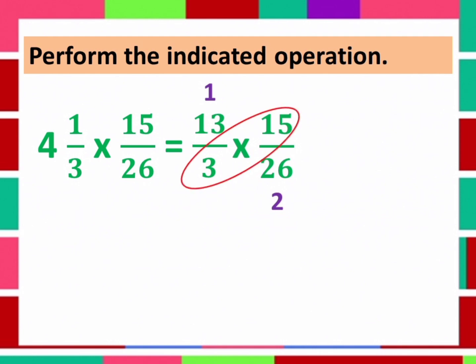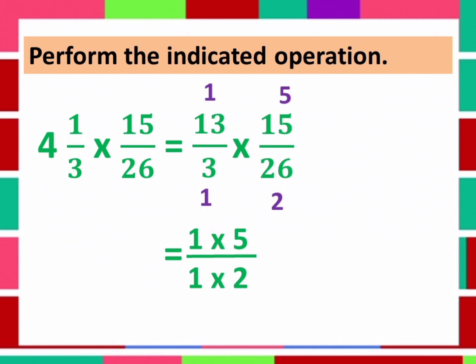And the common factor of the two numbers is 3. So, 15 divided by 3 is equal to 5. And 3 divided by 3 is equal to 1. So, now, we can multiply the numerators over the denominators, which is 1 times 5 over 1 times 2. So the answer is 5 over 2 or 2 and 1/2.